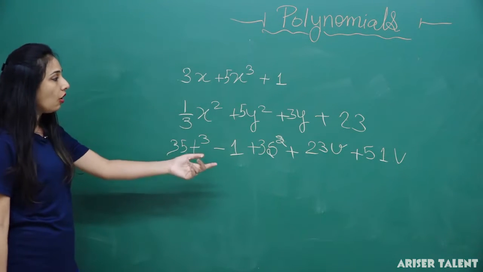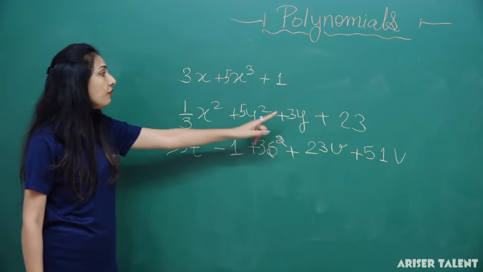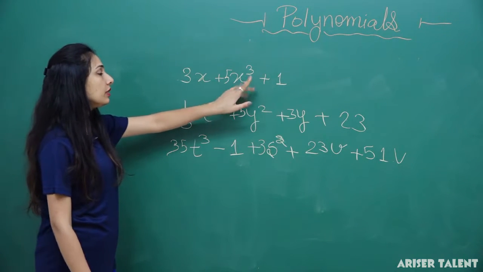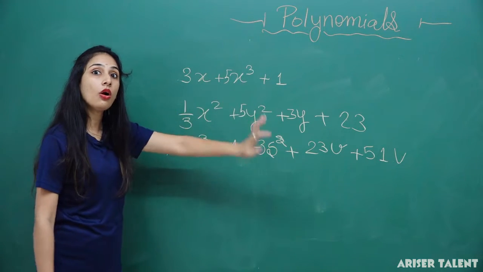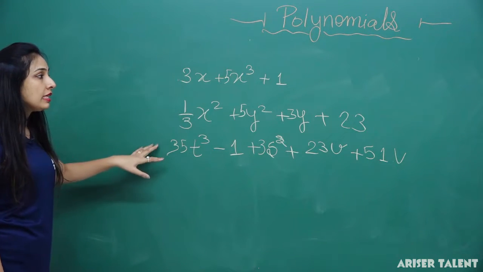So these are all t, s, v, u, y, x. These are all variables, let's suppose.